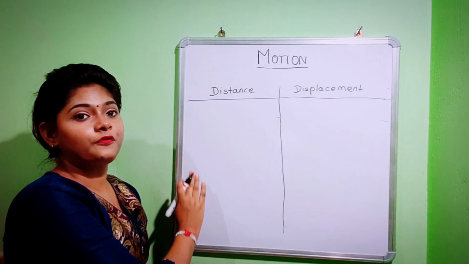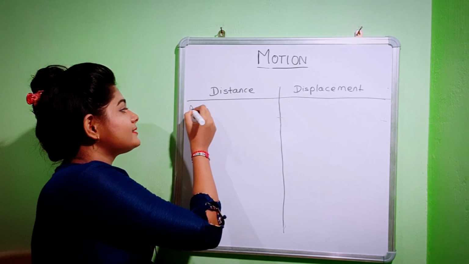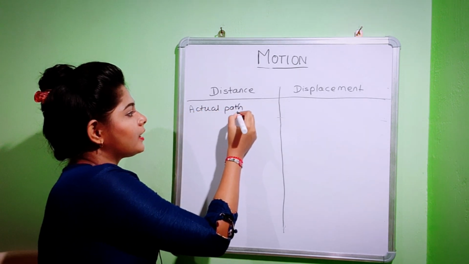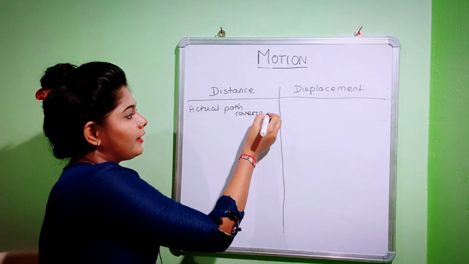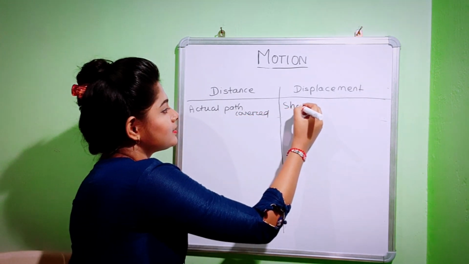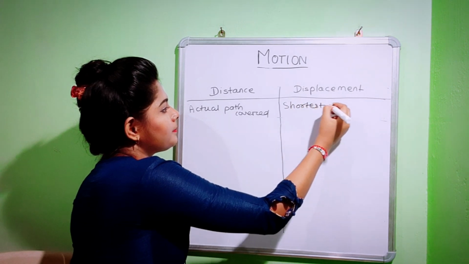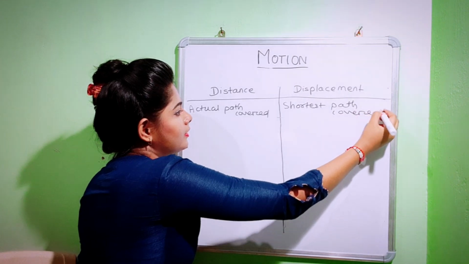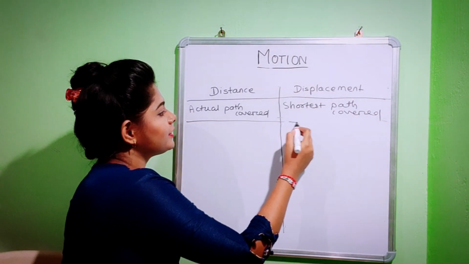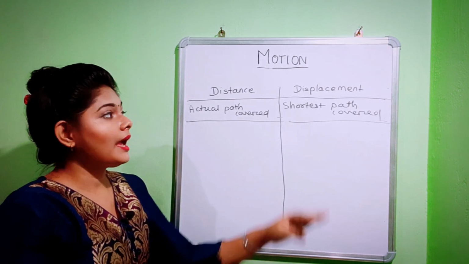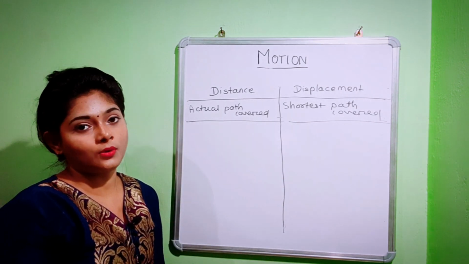The first difference is distance is the actual path covered and displacement is the shortest path covered. The second difference is distance is a scalar quantity and displacement is a vector quantity.